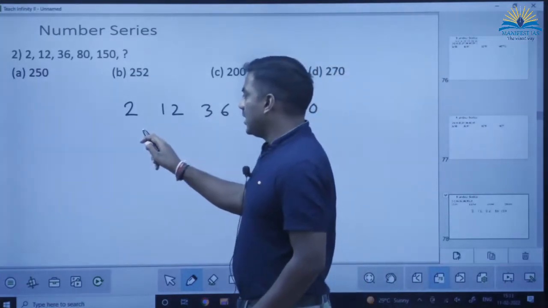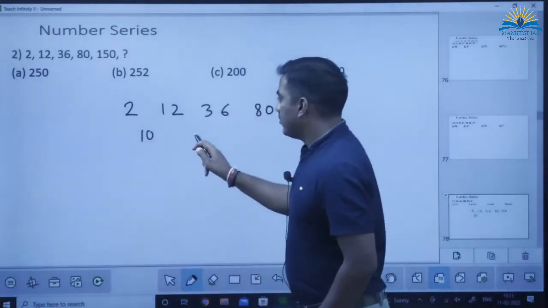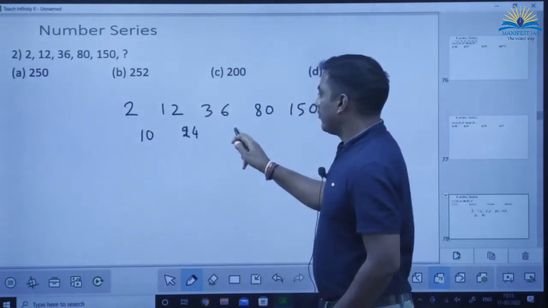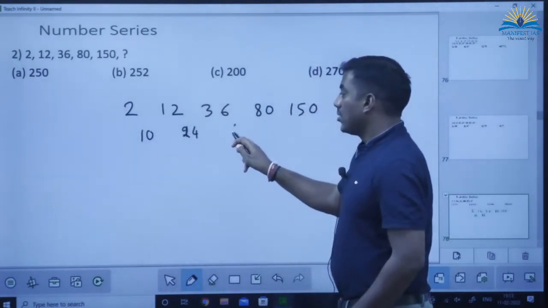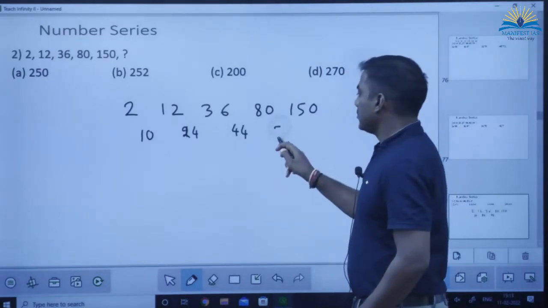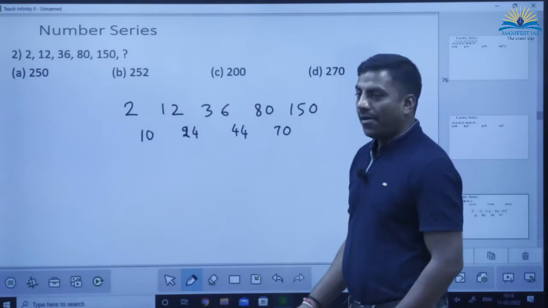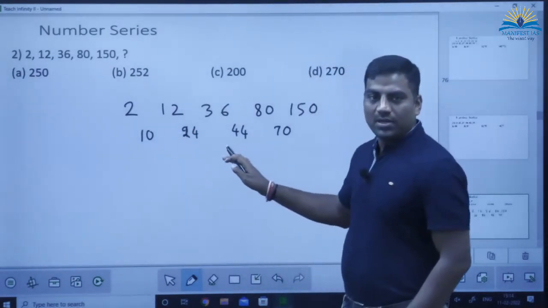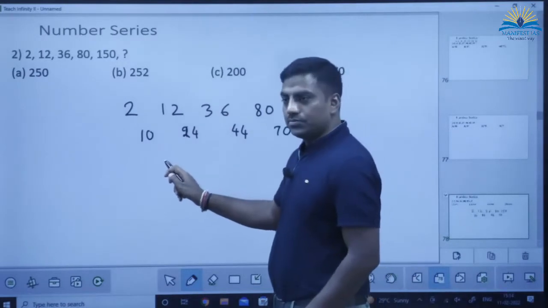So what is the difference here? 20, then here, then again here. Here we didn't get any pattern, right? Let us go to this one now.